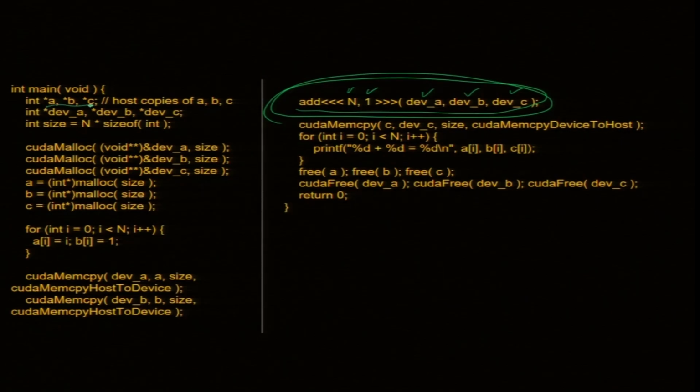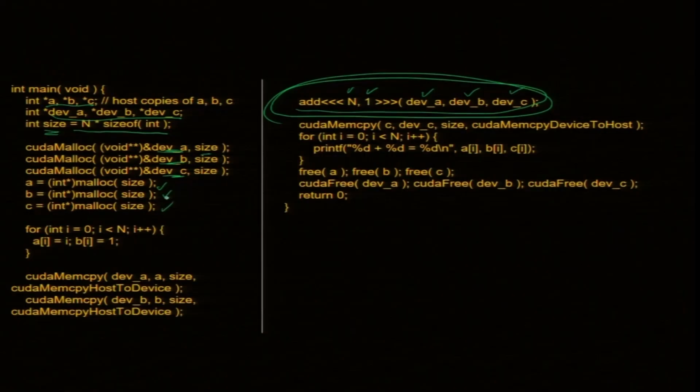We create 3 pointers for the main as well, this for CPU, this for GPU, and for size I keep a new integer, n star size of int. Then cudaMalloc device A, device B, device C are pointers of the full memory of size. How many bytes will this be? 10 integers, 40 bytes.